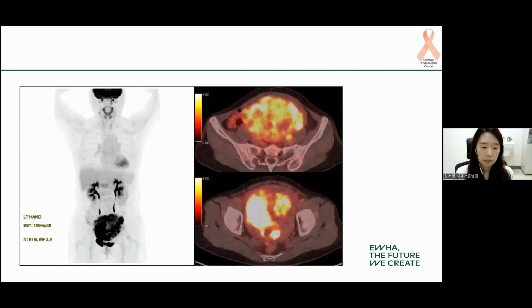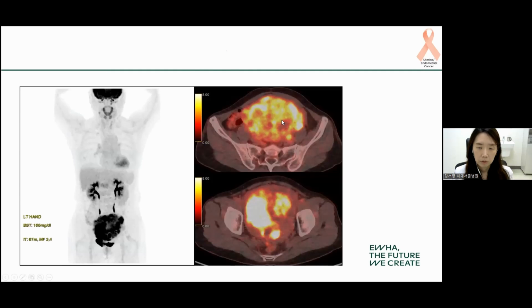This is another case of uterine cancer with hyper and heterogeneous metabolic activity. Can you guess the pathology finding of this tumor? It has really high metabolic activity and the mass size is large.